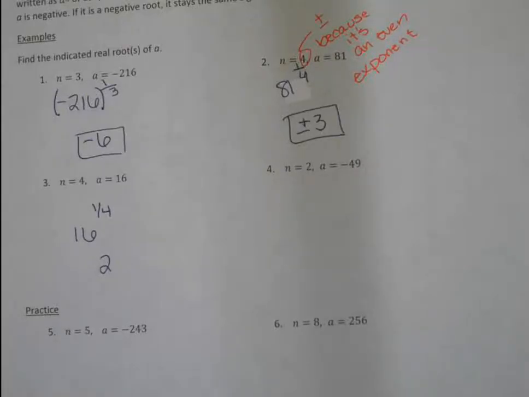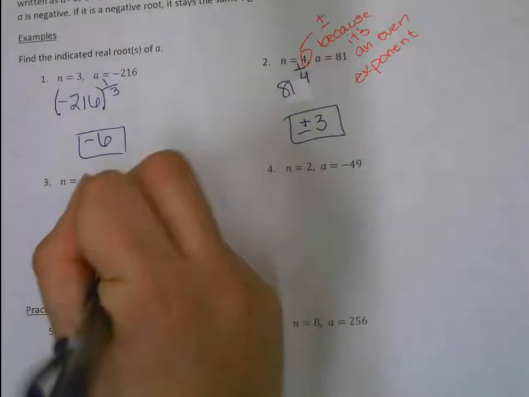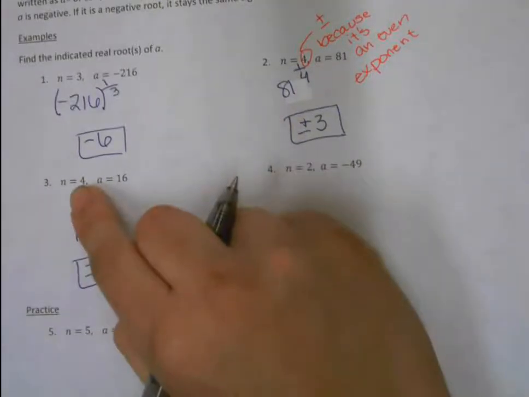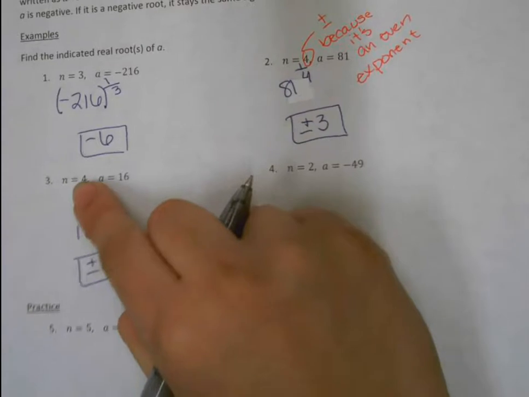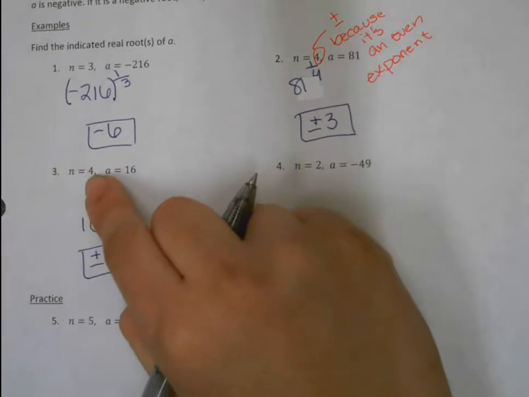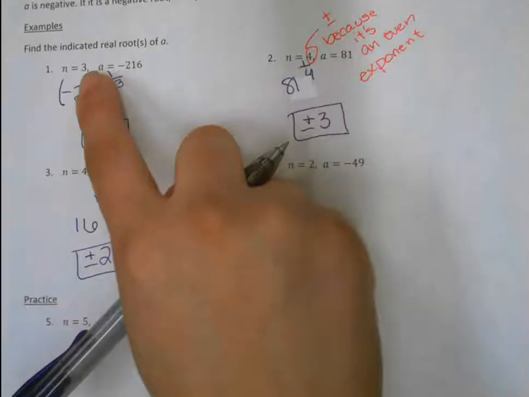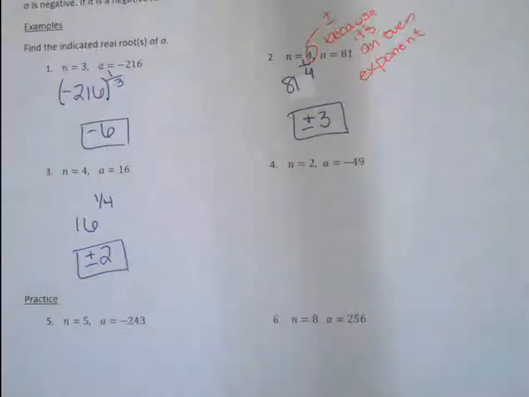Yeah, just 2. It's plus or minus 2, because the n was even. Would number 1 be plus or minus? No, because n was odd. So on any of the ones with an even n, it's plus or minus.